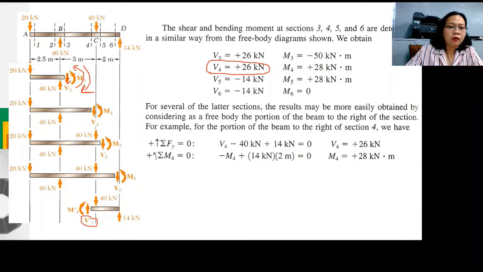So, para makita nimo nga kung unsa ang iyang reaction at makuha nimo ang V prime 4 of M prime 4. So, ang V4 is 26 and M4 is positive 28.